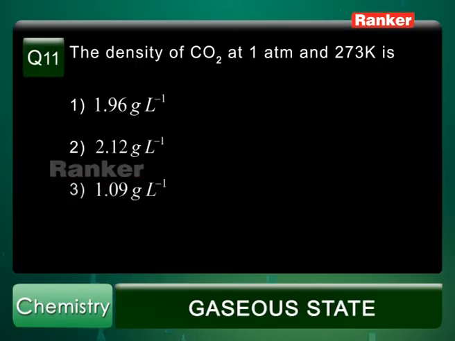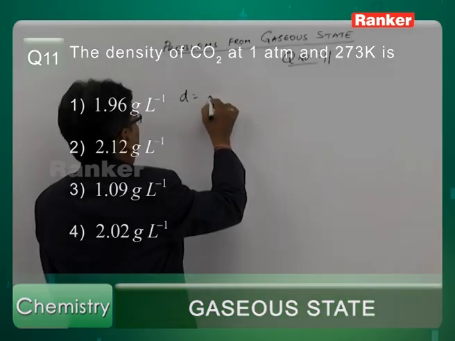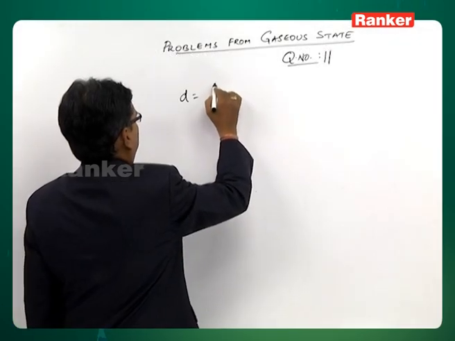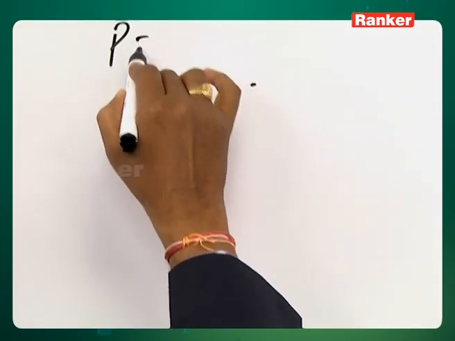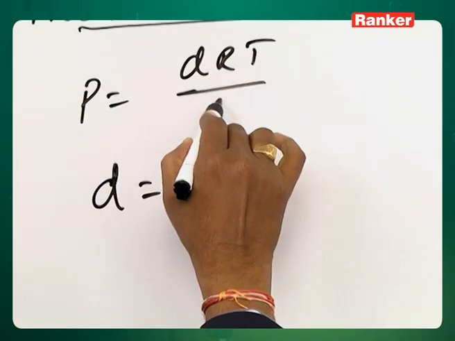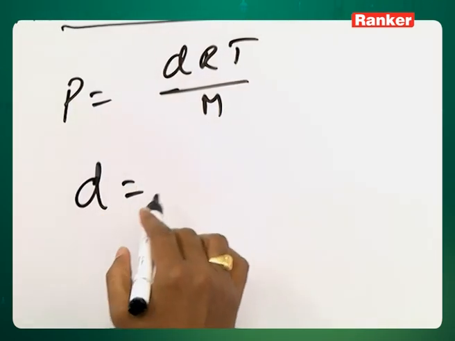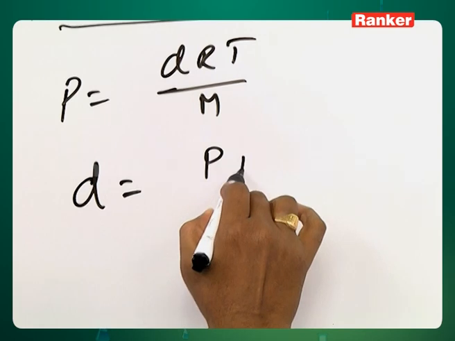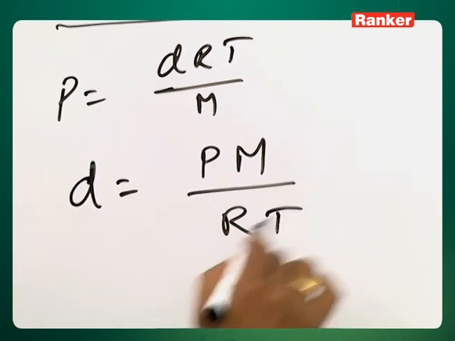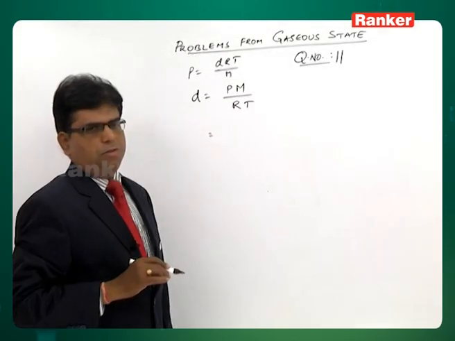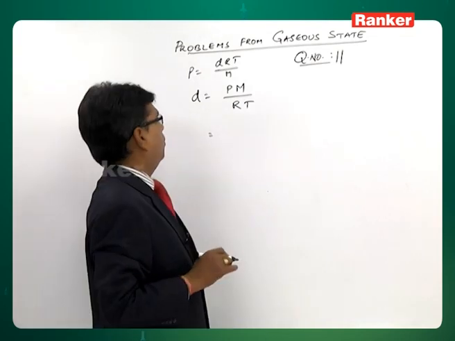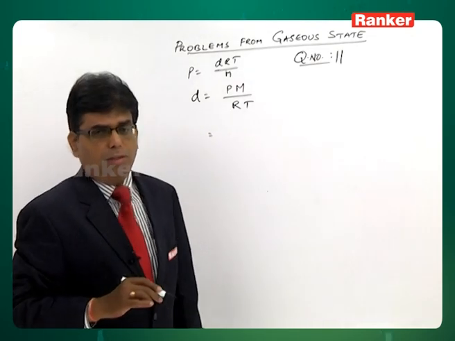The question is, the density of carbon dioxide at 1 atmospheric pressure and 273 Kelvin is. Again, P is equal to dRT by M. So, once again density is equal to PM by RT. Now, in this question the pressure given is 1 atmosphere.